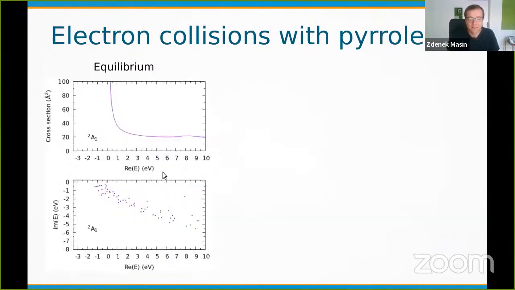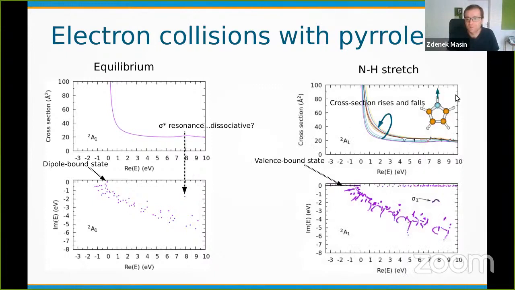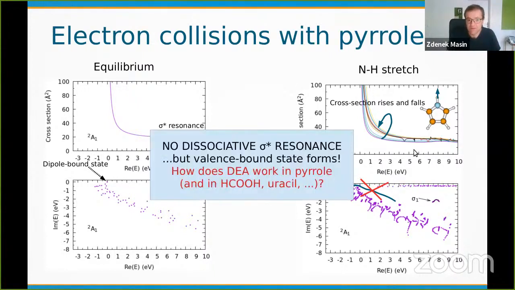What we are interested in is what happens when you extend the bond between the hydrogen and the nitrogen. What you see is that this resonance actually is not dissociative at all, and that the resonance is disconnected from the valence bound state. So there is no sigma star resonance that becomes bound in the system.